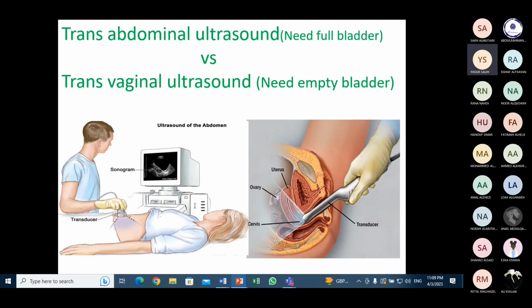The first imaging modality is ultrasound. Ultrasound for assessment of the female reproductive system may be done by 2 techniques. The first is called transabdominal ultrasound.